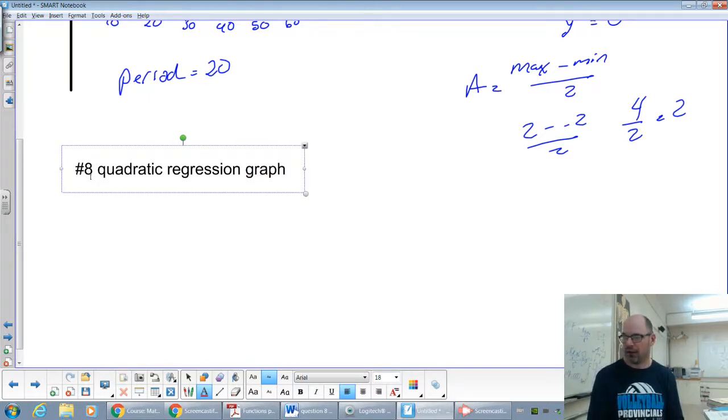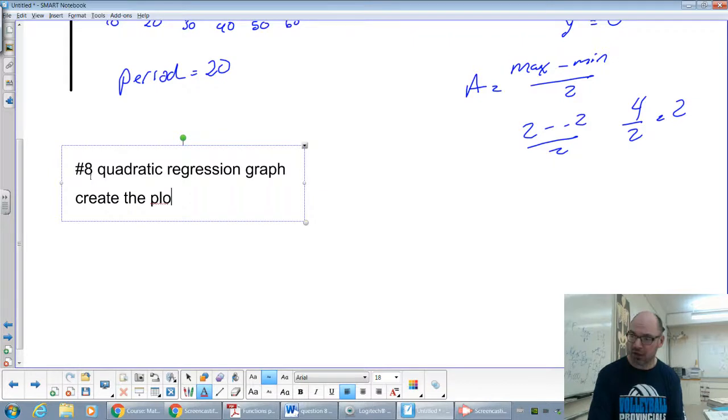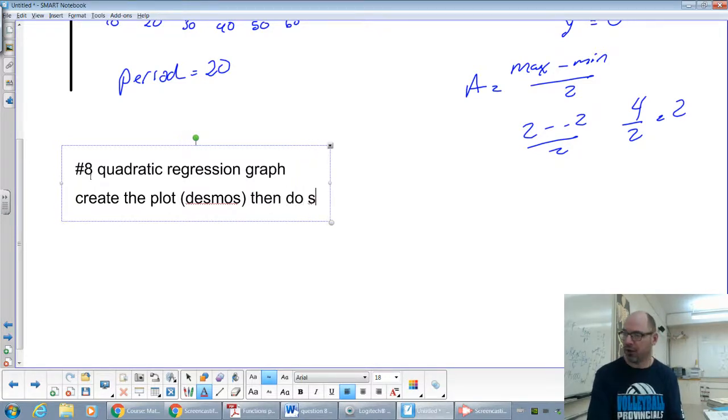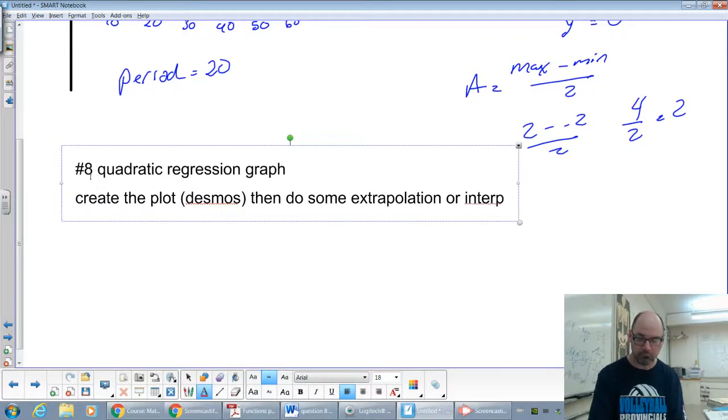Okay. And so you have to create the scatter plot, technology would help here. Then do some extrapolation or interpolation with the data.